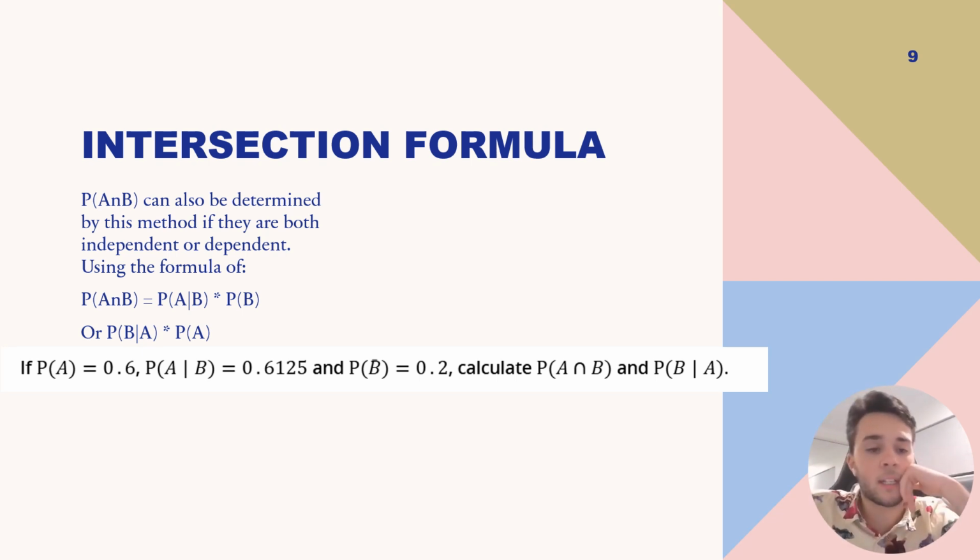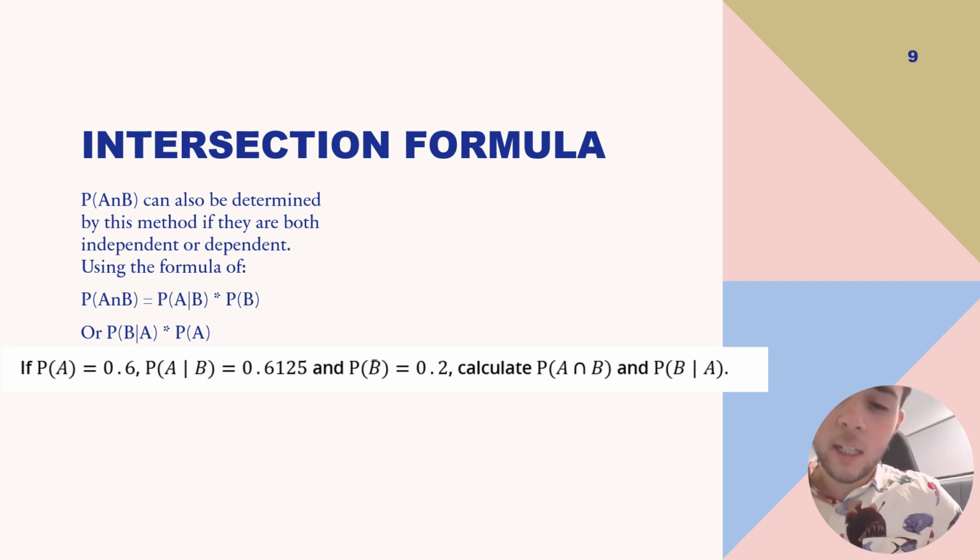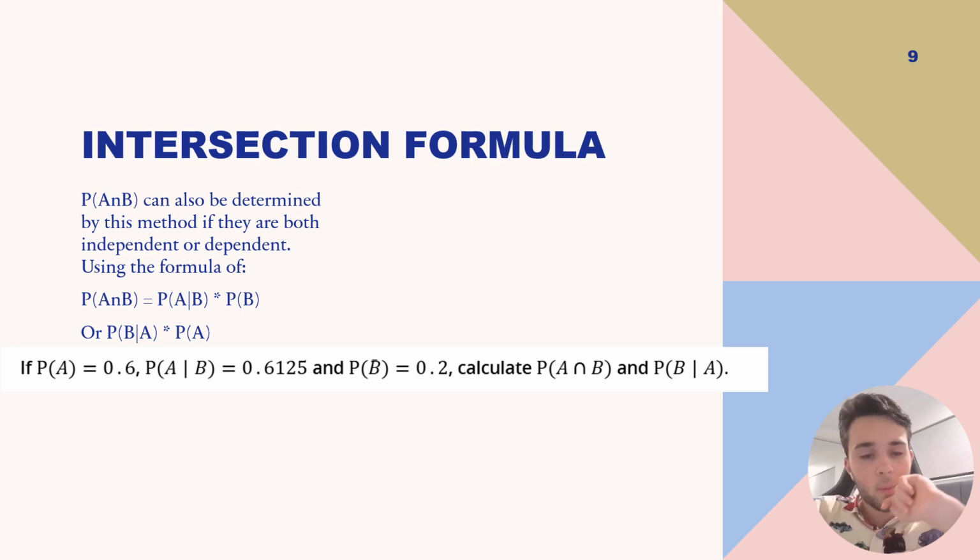So here I have a good example. Probability A equals 0.6, probability A given B is 0.6125, and probability of not B is 0.2. Calculate probability of A intersect B and probability of B given A. Let's do A intersect B first. You can see that this formula here can be used, right?